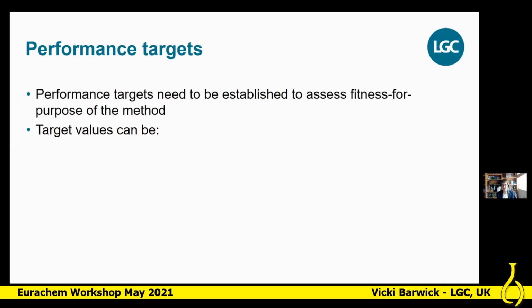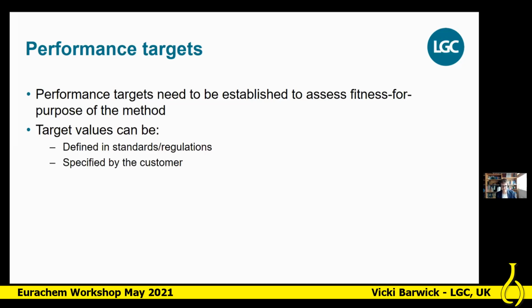So where could you get these target values? Sometimes you might be lucky, I guess, and it might actually be defined in a particular standard or regulation. So there are some regulations where laboratories are allowed to use a method of their choice, but they have to demonstrate that it does meet particular performance criteria.